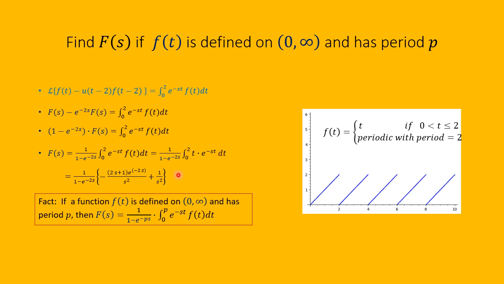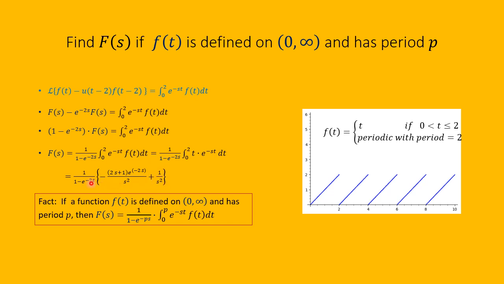When you do, you'll get this expression down here. This first factor is just the one that's in front of the integral, and when we evaluate this integral from 0 to 2 of this stuff, we'll find out that it's equal to minus the quantity 2s plus 1 times e to the minus 2s divided by s squared, plus 1 over s squared.